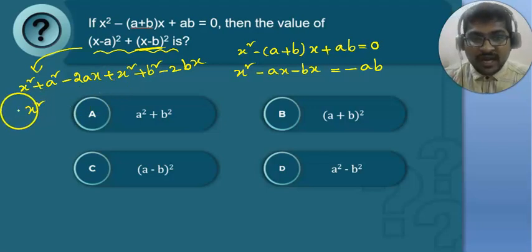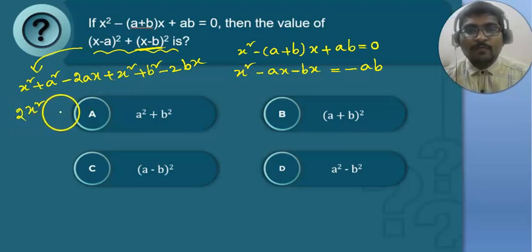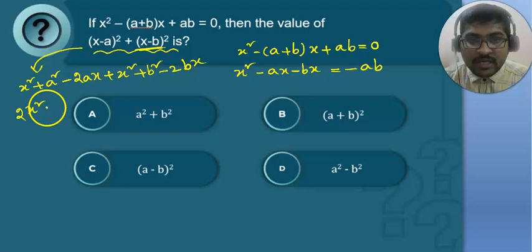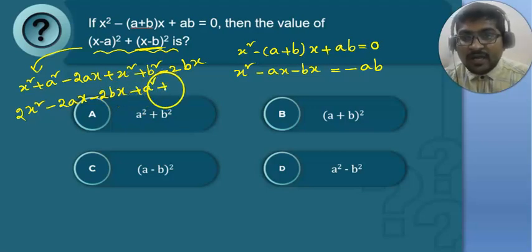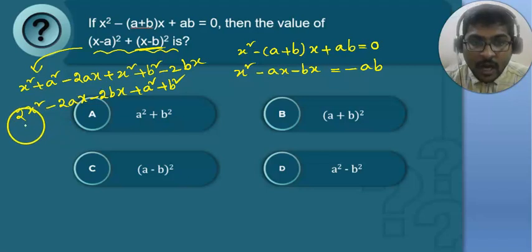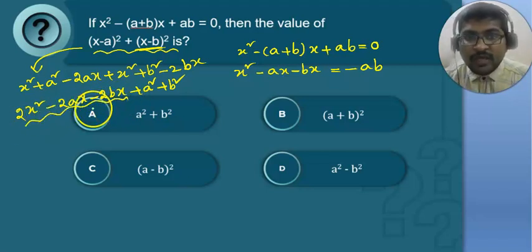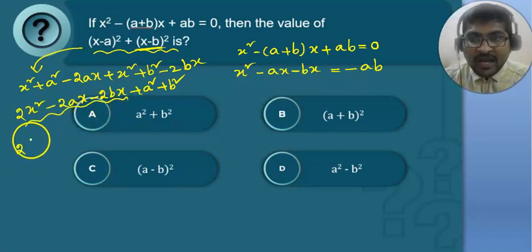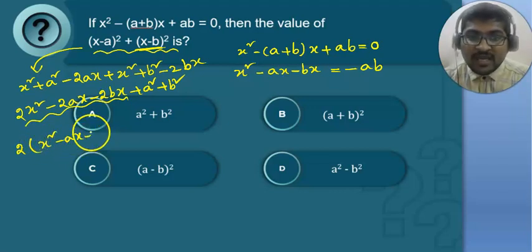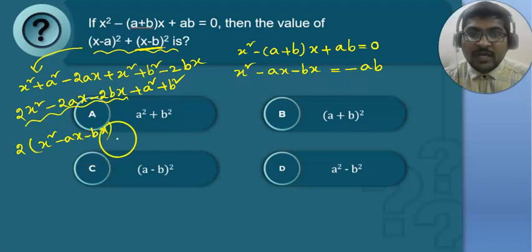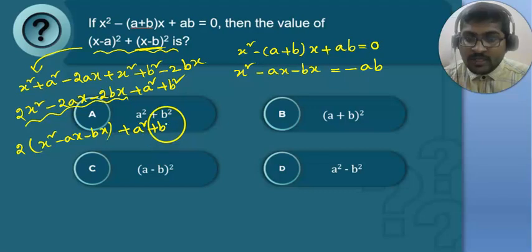Two x squares, so 2x square, and also minus 2ax, minus 2bx, plus a square, plus b square. Here 2 is common, so x square minus ax minus bx, plus a square plus b square.